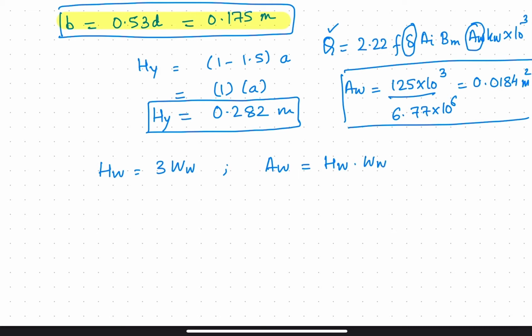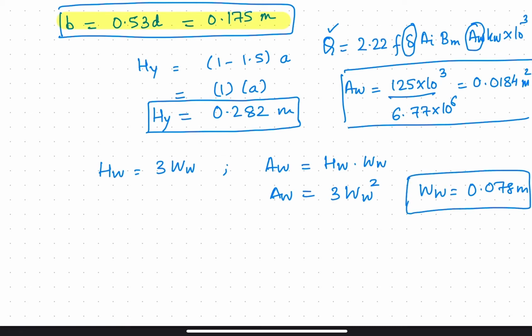So if you substitute these values, you get that the width of the window can be found out to be 0.078 meter, and the height of the window is 3 times this value, that is 0.234 meters.